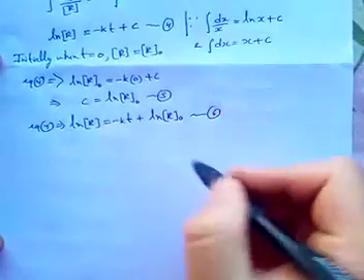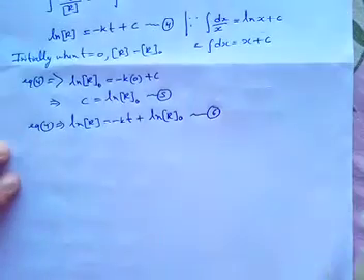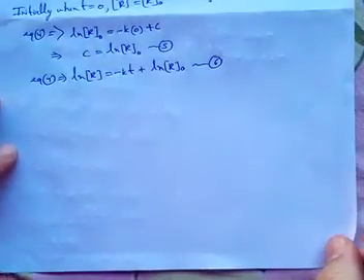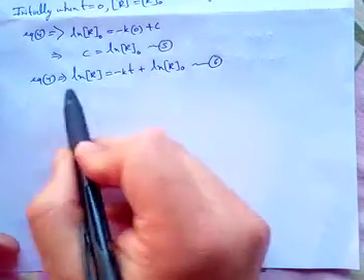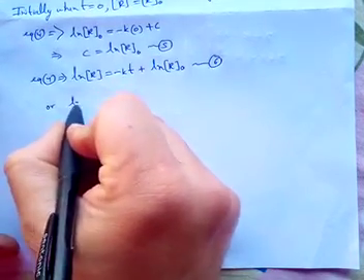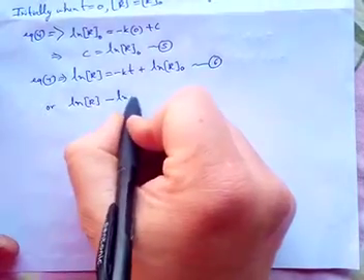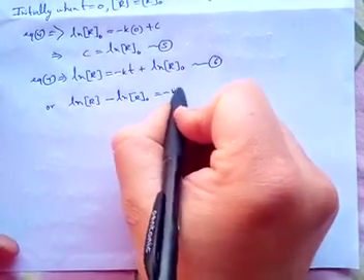I'm numbering a lot of equations because these are further required. Now I'll take this ln r here, so it gives ln r0 minus ln r equals kt.